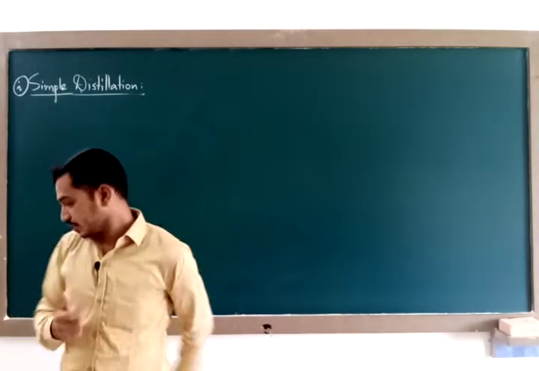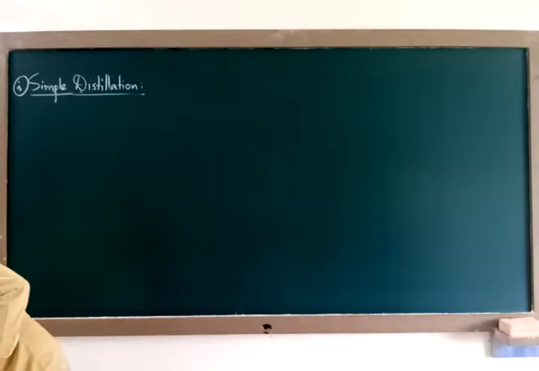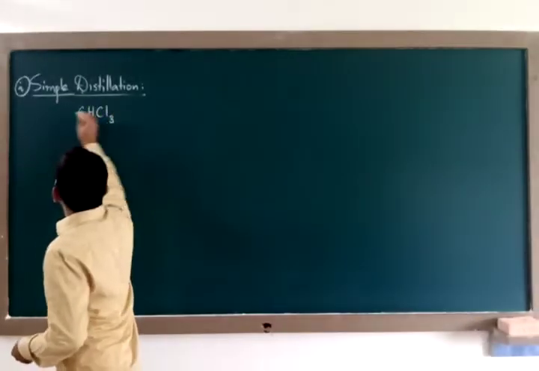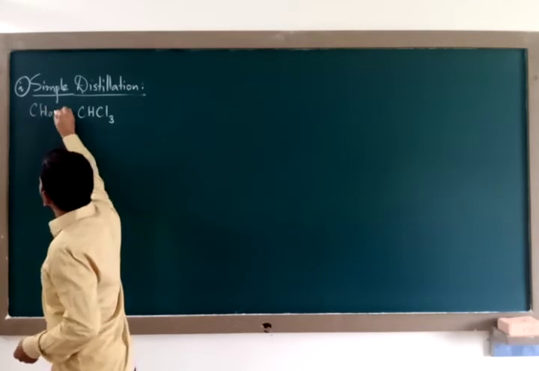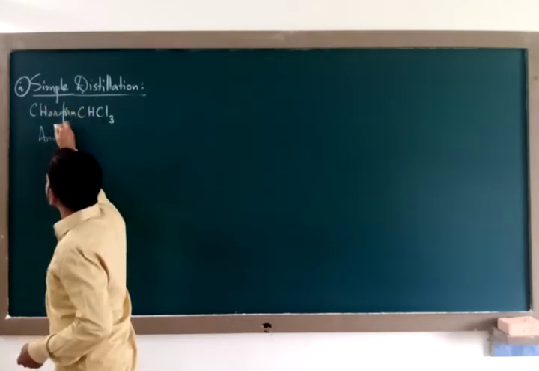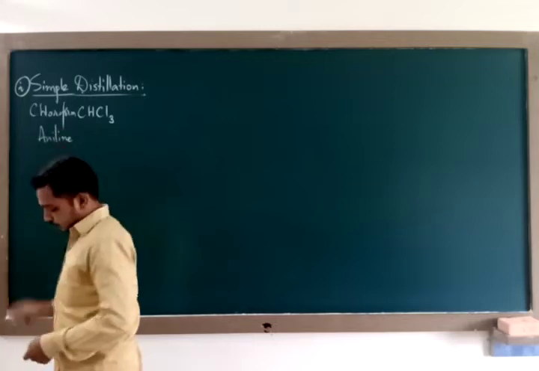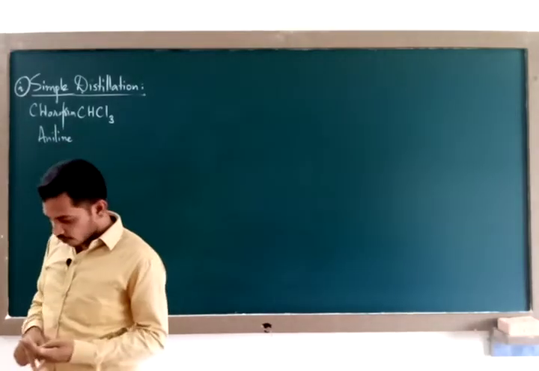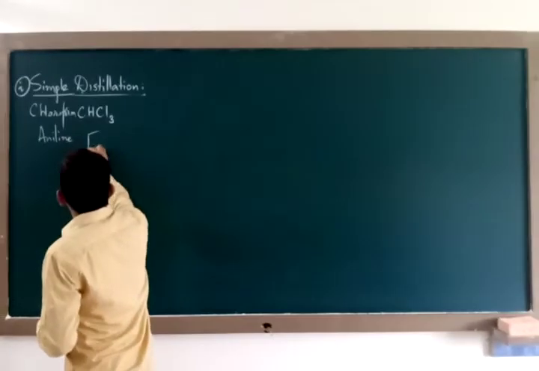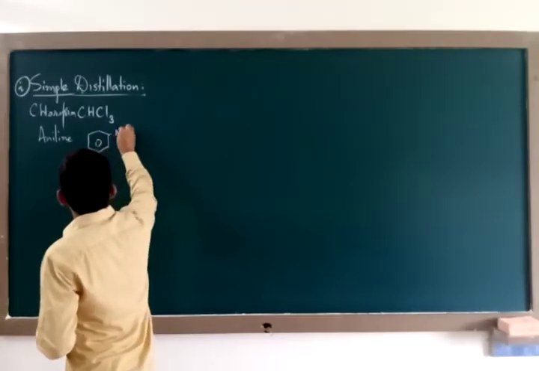Sir, how do I know? For example, if you have chloroform, one of the organic liquids, and aniline, which is a benzene ring with NH2.